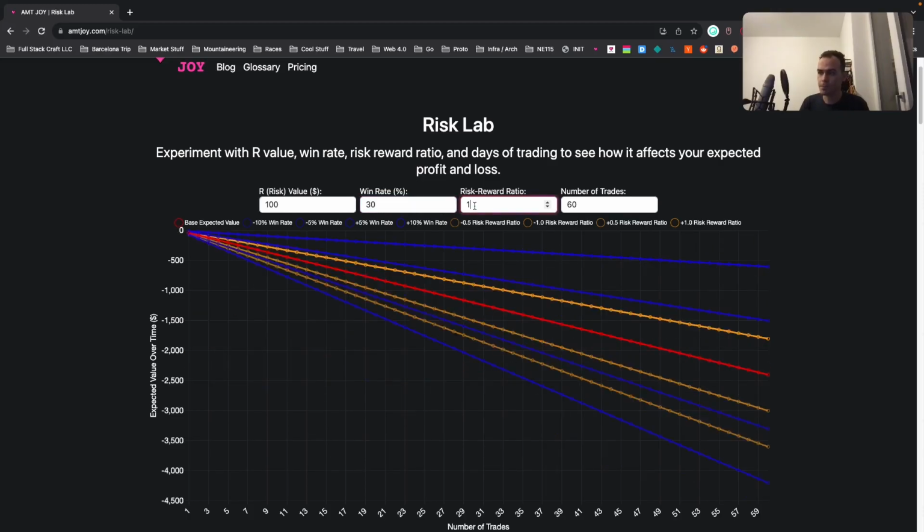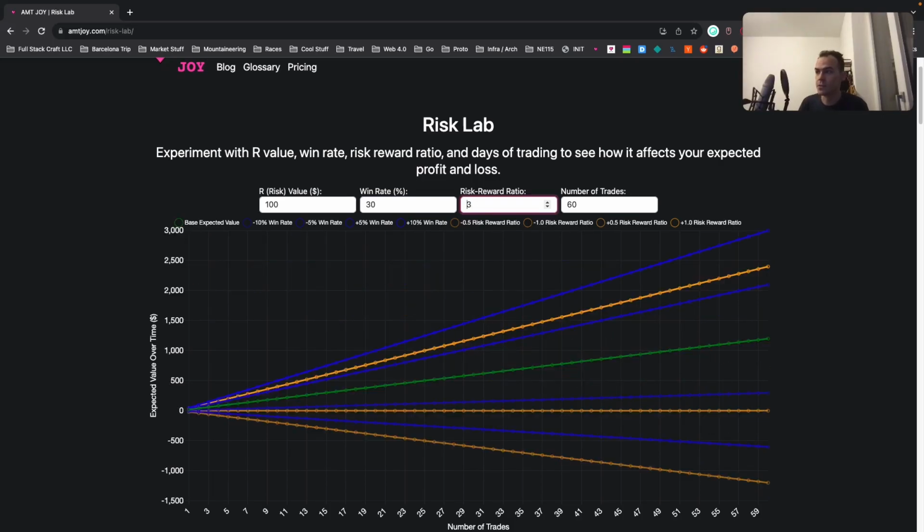But I also know that my risk reward on average is about 3. So let's see what my expected value would be, right? And this base expected value will turn green if you're positive over time, and it'll turn red if you're negative over time. So let's say about 60 trades. It's about a month of trading for me. It's about 1,200. So actually, I'm a little bit higher than that right now.